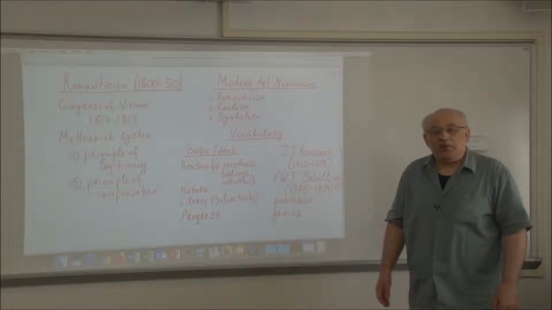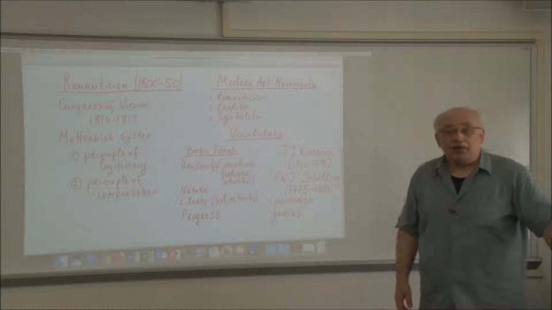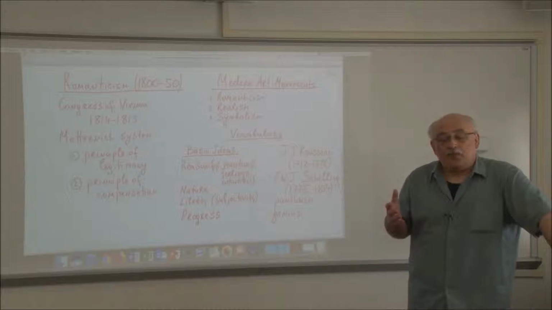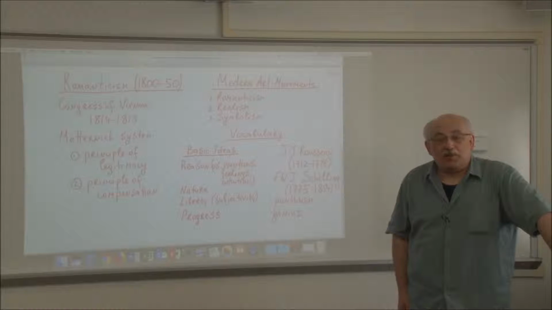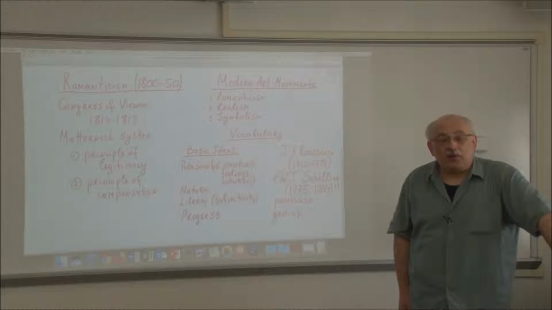A French-Swiss philosopher, Jean-Jacques Rousseau, in the 18th century already, in one of his books writes that our modern industrial civilization corrupts people, that people are born good by nature, but when they grow up, when they are educated, then they develop vices, not virtues.